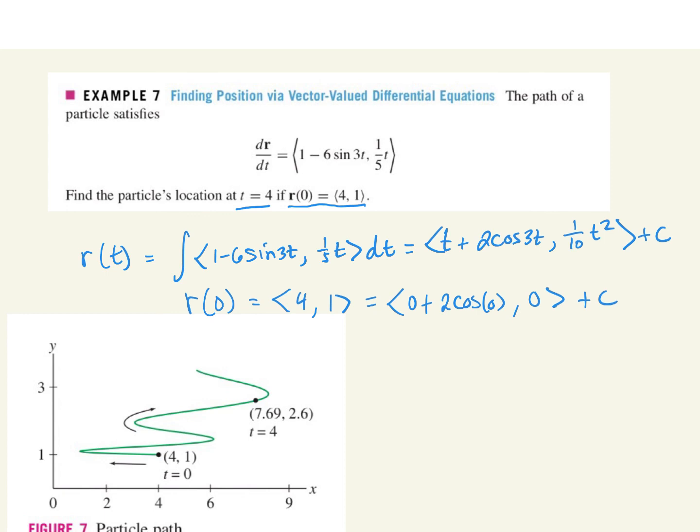So 0 plus 2 cos 0 would be 2. So 4, 1 equals 2, comma, 0 plus c. So then c has to be 2, 1.